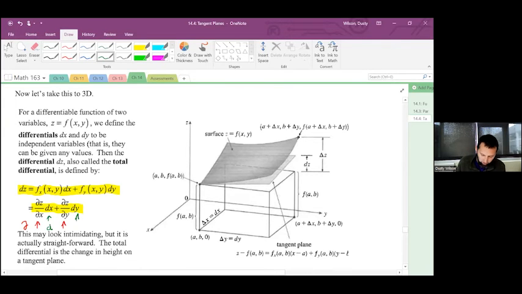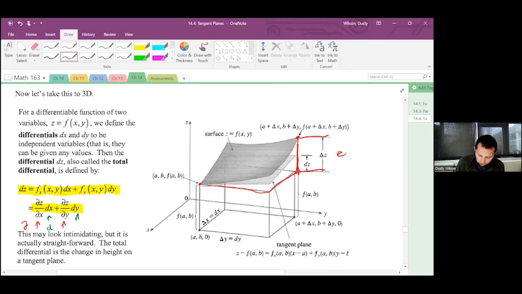And so if you have some curve, you can think about the change in height from the original point to the final point. So you're going from the original point to the final point. That would be this change, this red change.